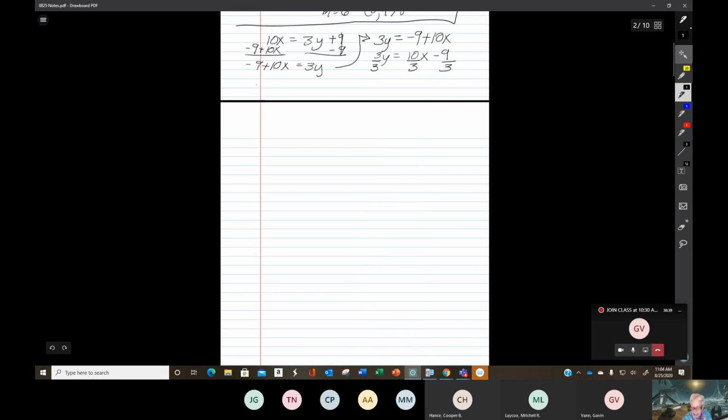Okay, let's see if I can fit that in. These 3's cancel, leaving me with y equals 10/3 x. Now 9 divided by 3 is 3, so this is going to be minus 3, and I hope that doesn't get lost when this gets published.